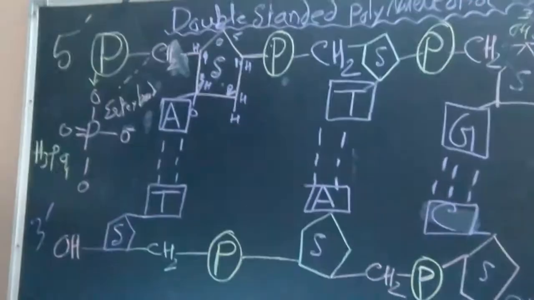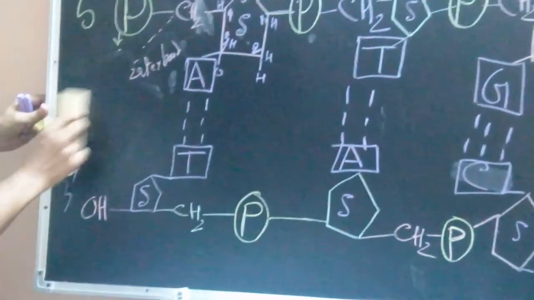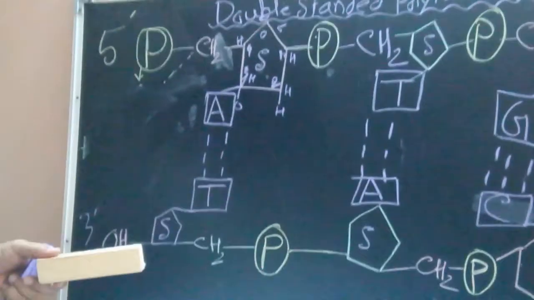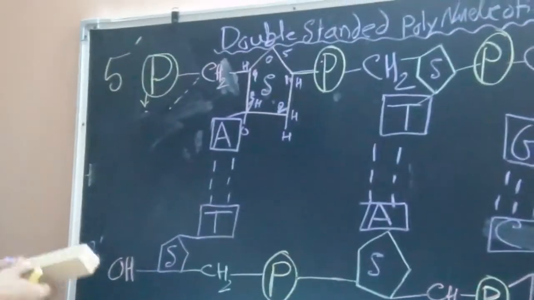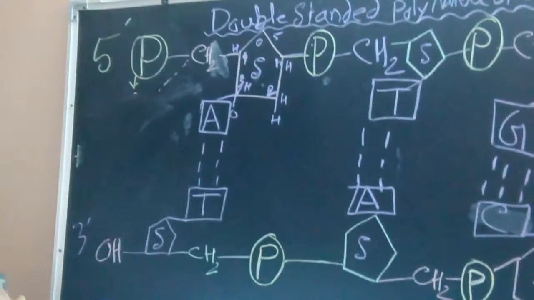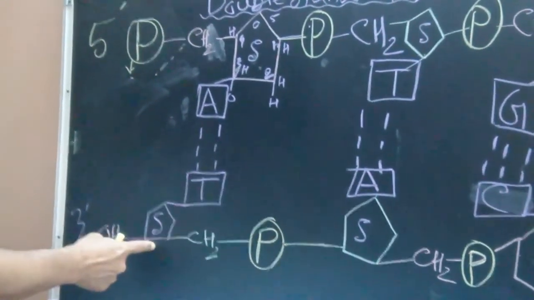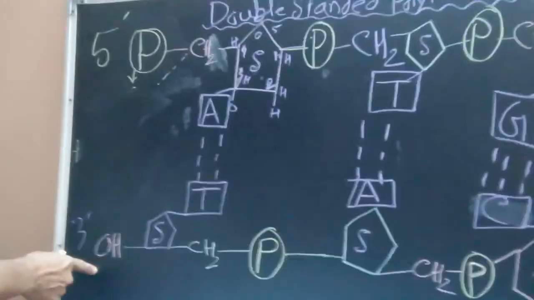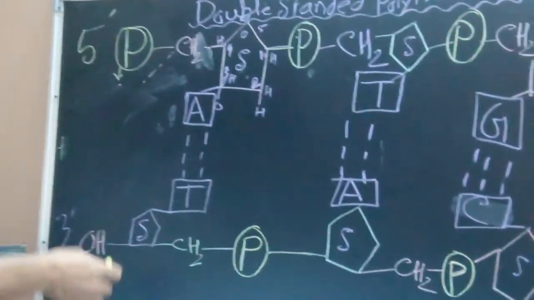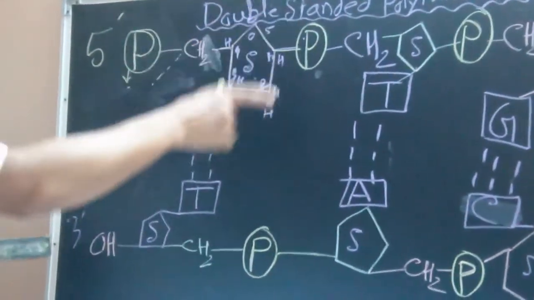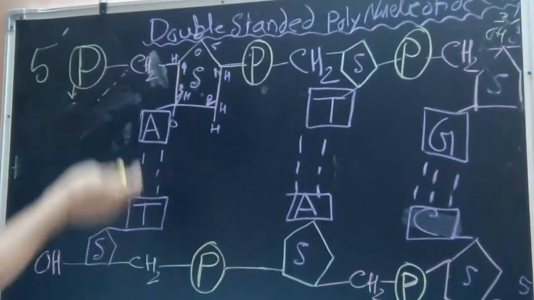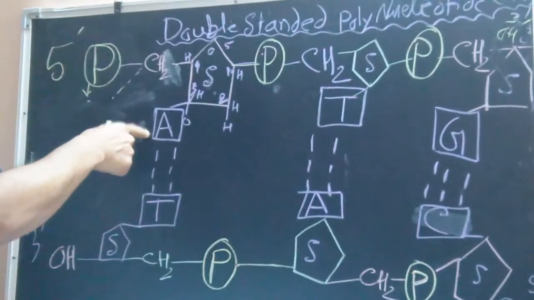When it is going double, look what happened, the same thing will happen again. Thymine, sugar, OH. Why? There is a basic difference, look. In 5' to 3', the pentose sugar is always on the right side of the nitrogenous base.